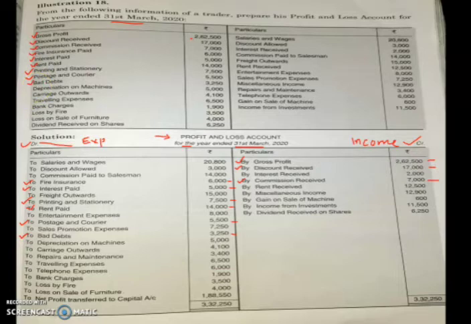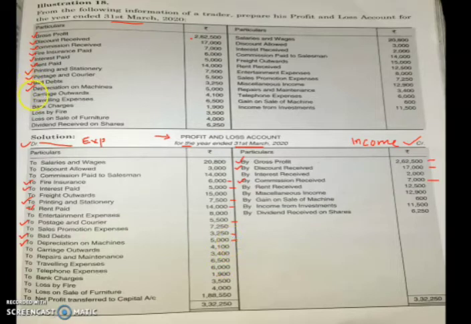That amount is known as bad debts. Next is depreciation on machinery. You know that depreciation is an item which reduces the value of a fixed asset. So depreciation on machinery is an expense, and that will be recorded on the debit side with 5,000 as the amount.